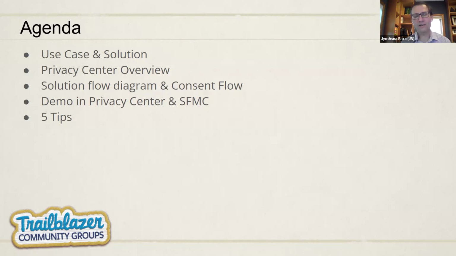And then we'll be in Marketing Cloud, pulling in that data via those sync data extensions, and leveraging the functionality in Marketing Cloud to pull in the consent data and update the all subscribers database on the email side. And then also using Marketing Cloud to align the two databases so that the database of record will be the consent model in Salesforce and in Privacy Center. And then we'll always end with those 5 tips that we've been doing throughout the session.